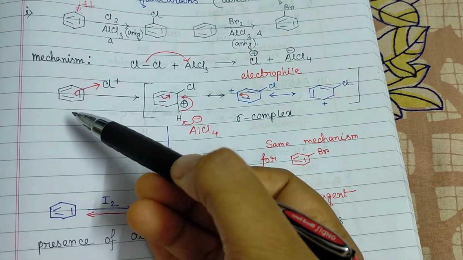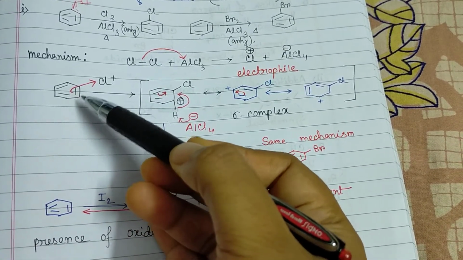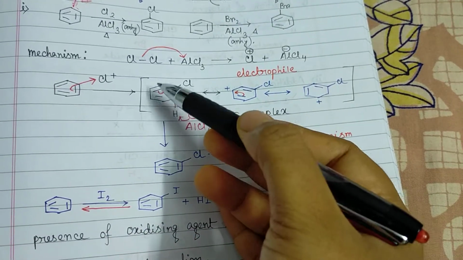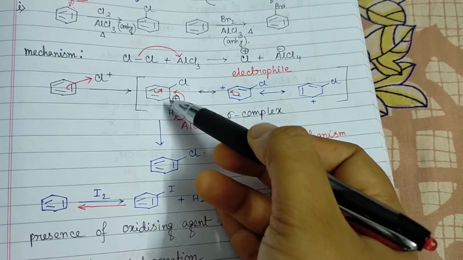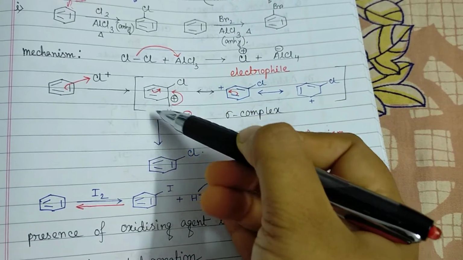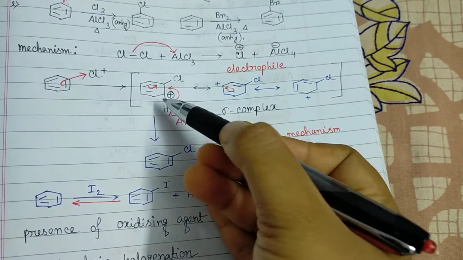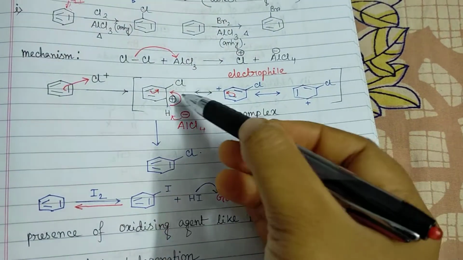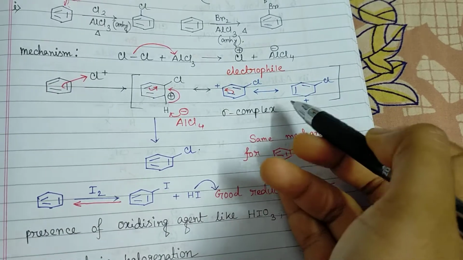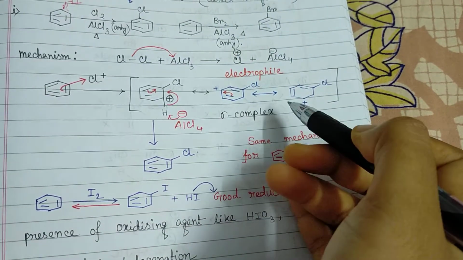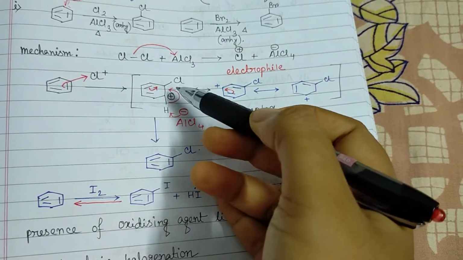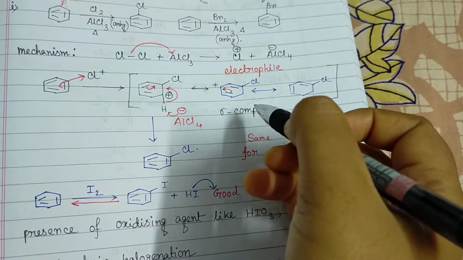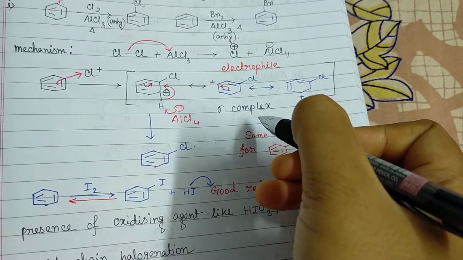So next what happens? The pi electrons of the benzene ring will take up the Cl plus and there will be formation of one positively charged cation like this one, where this cation is stable by resonance. We can see that the resonating structures are 3. So this resonance will stabilize this carbocation and we call this stabilized cation the sigma complex.